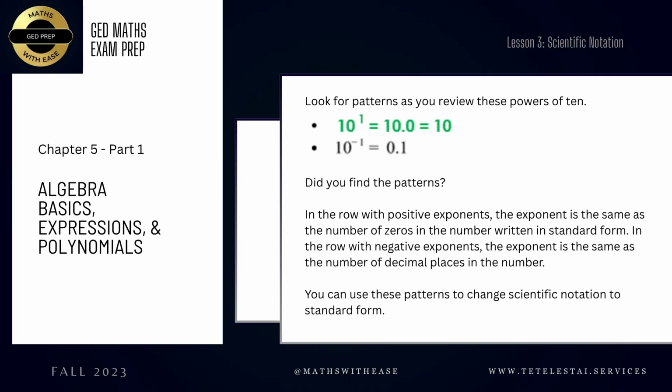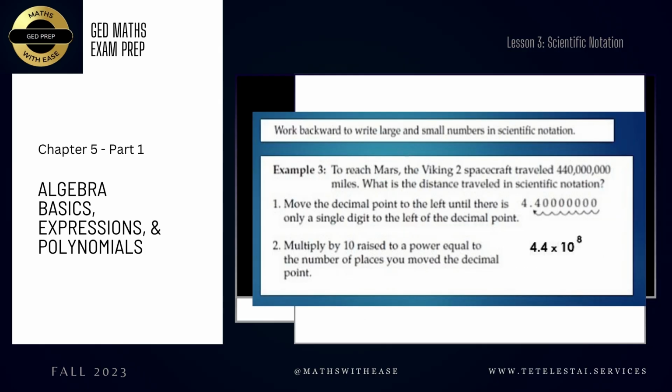When you see the term scientific notation, just know that we're talking about a whole number or a decimal number being multiplied by a power of 10. Okay, and it'll always look something like this.